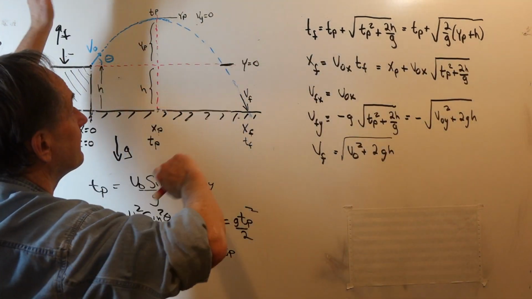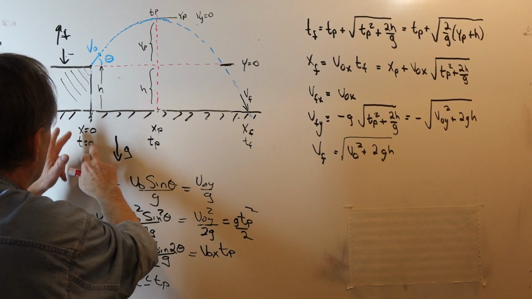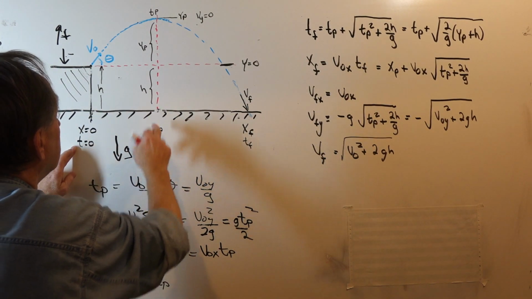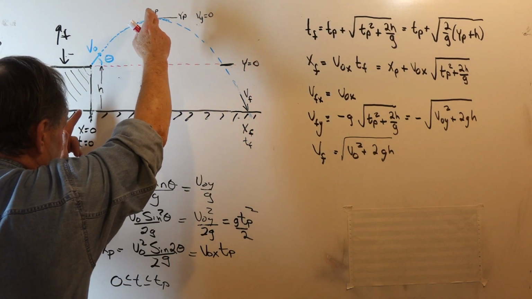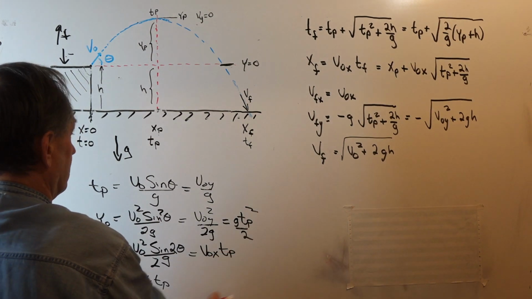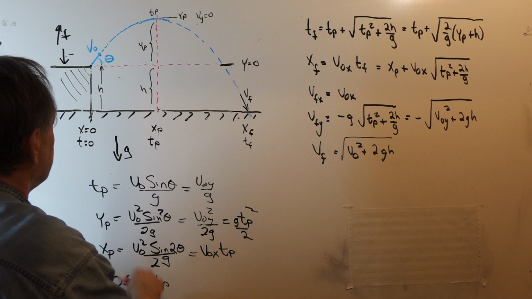Now, in this interval of time between time equals 0 and time to the peak, when the projectile is initially shot up and rises to the peak, these equations hold between 0 and t peak.